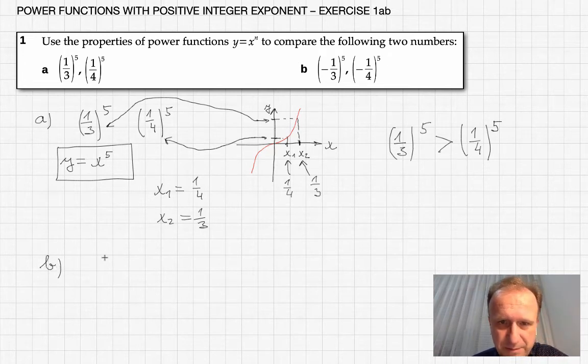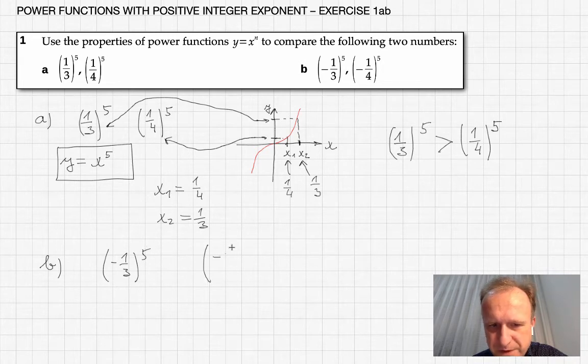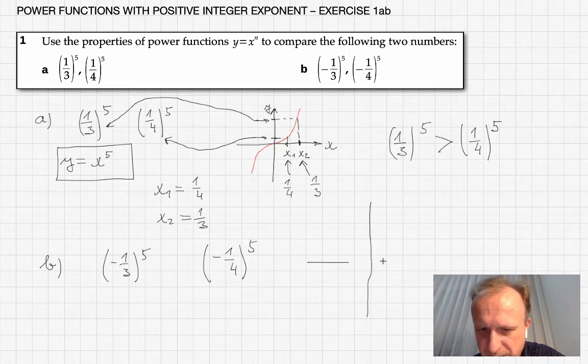We have numbers -1/3 to the power of 5 and -1/4 to the power of 5. Okay, so this time I will try to make this graph a little bit larger. So again, we have the function x to the power of 5.